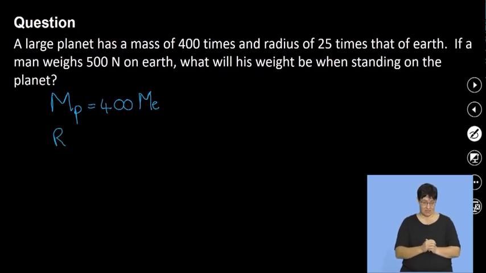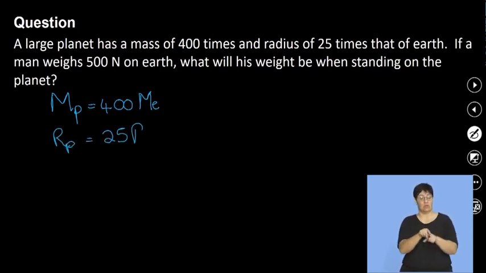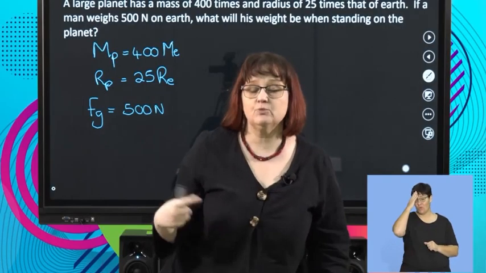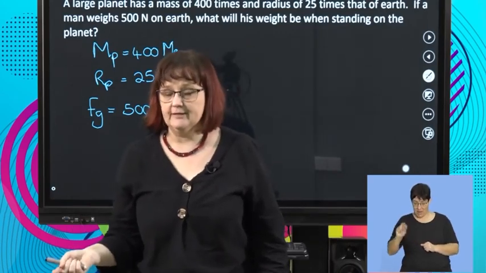The radius of my planet is 25 times the radius of the Earth. We also know that on Earth, the man experiences a force of 500 newtons. They want to know what force he will experience on the new planet.